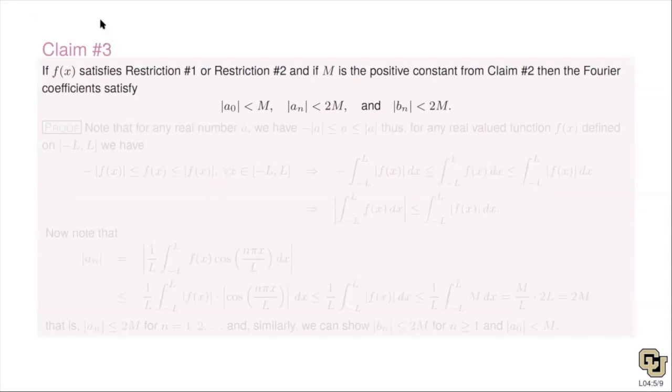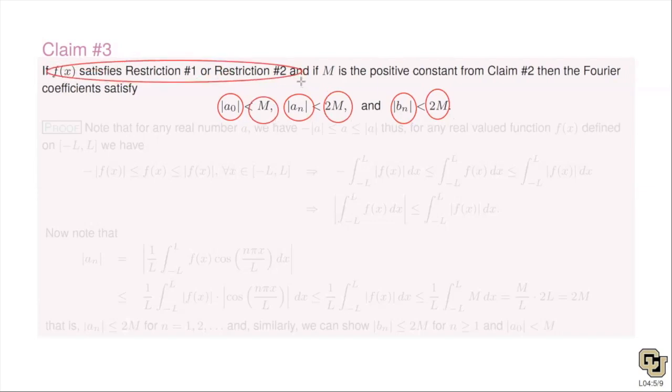So the next result I want to prove is that the coefficients of our Fourier series all are bounded if the function f of x satisfies restriction 1 and 2.